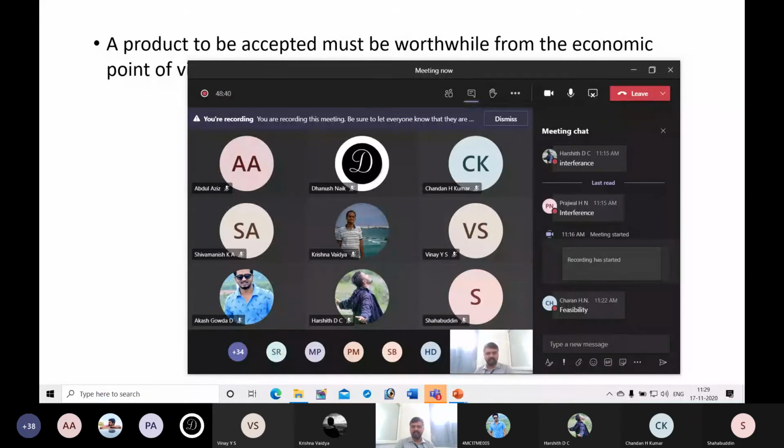What is the economic point of view for a manufacturer? To gain profit. What is the economic point of view for a consumer?